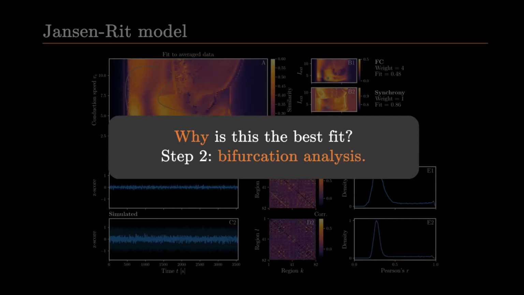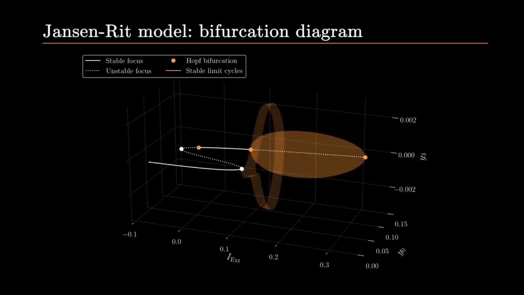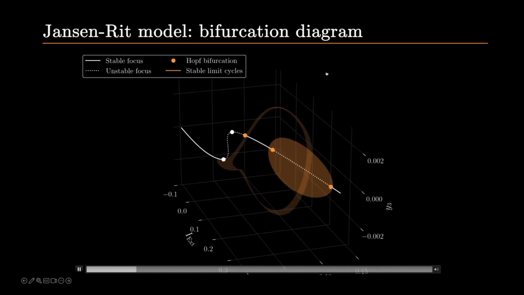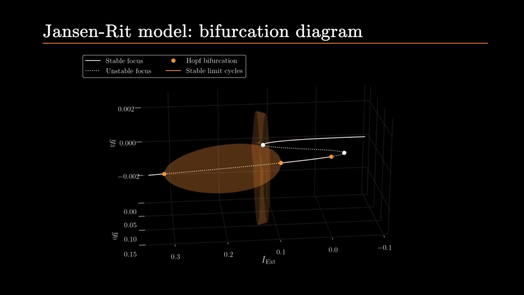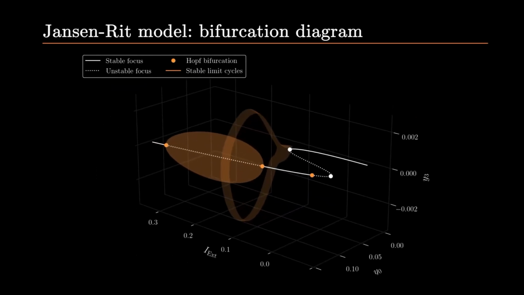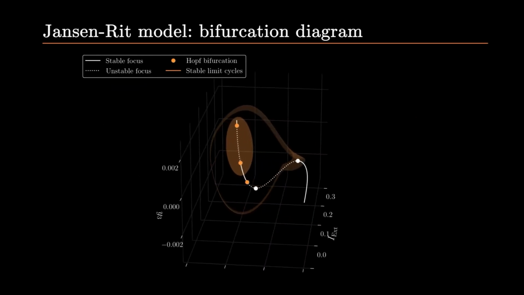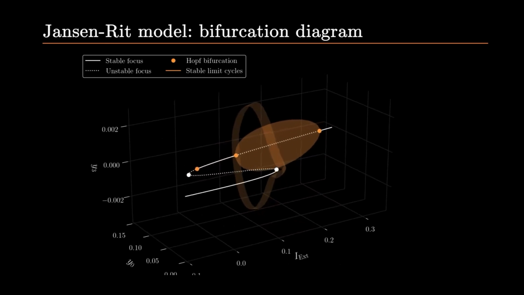And here is where my first excursion comes into play, the bifurcation analysis. This is the bifurcation diagram of the Janssen-Rit model, given some basic parameter setup. It looks more complicated than the bifurcation diagram of the generic 2D oscillator because it is more complicated.